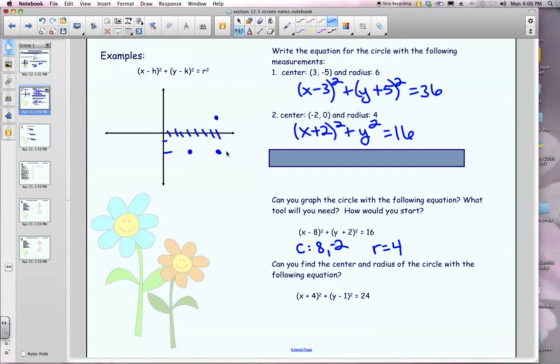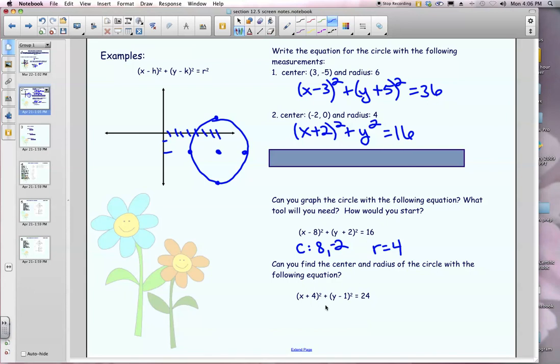I'd go out this way 1, 2, 3, 4, and I'd go down 1, 2, 3, 4. And then I'd use my compass. You actually only need one, but it kind of gives you an idea if you're doing it right. Use your compass, put your pointy end on the center, put your pencil end on the circle, on the first point, and simply draw your circle around. And that's how you would get your circle.